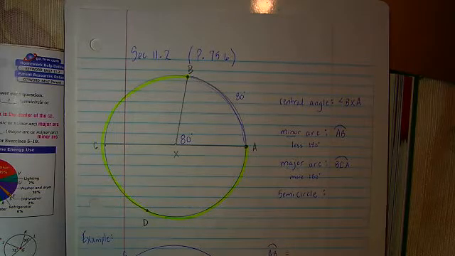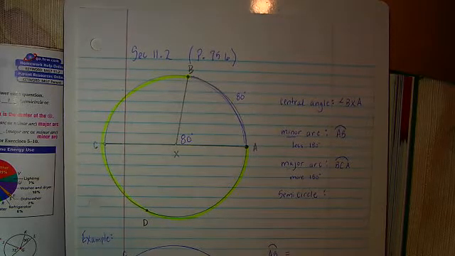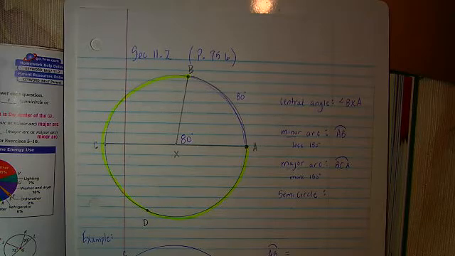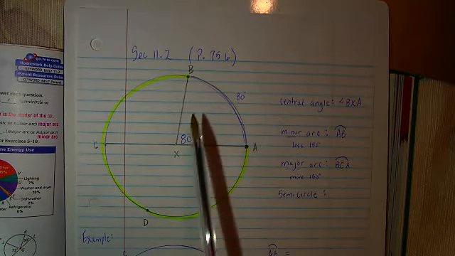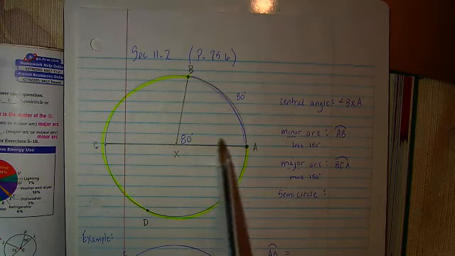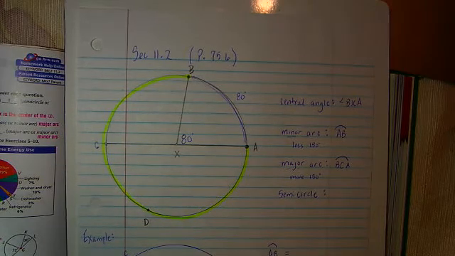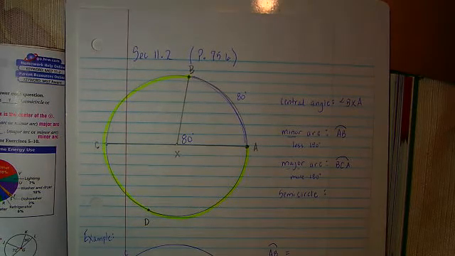There's a couple different ways you can find the measure of a major arc, and sometimes, again, it depends on the figure. I'm going to have another example I'll show you in a minute, but if my minor arc was 80, my entire circle, in case you did not know, is always 360 degrees.